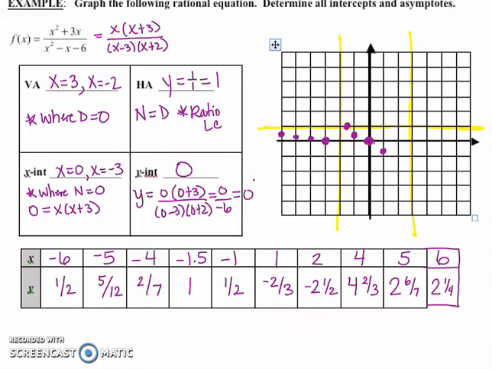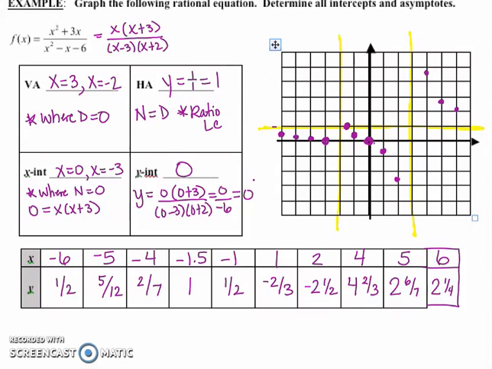At 2, I'm at negative 2.5. 3, I have an asymptote. At 4, I'm at positive 4 2/3. At 5, I'm at 2 6/7. And at 6, I'm at 2 1/4.